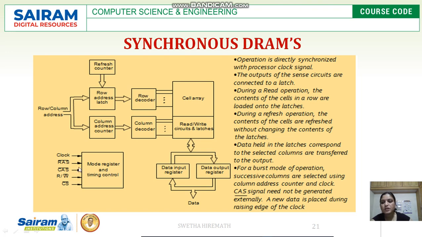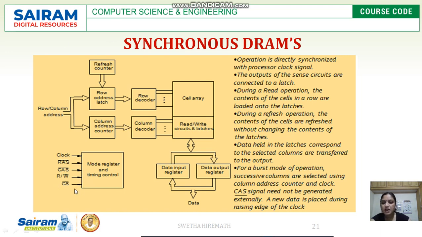These two will be latched whenever you go for the row or column address, because the cell array is multiplexed, arranged in the form of arrays. So both the row address and the column address are required in order to select particular data from that word. Along with those two we have the read or write signal, specifying whether it is a read operation or write operation.